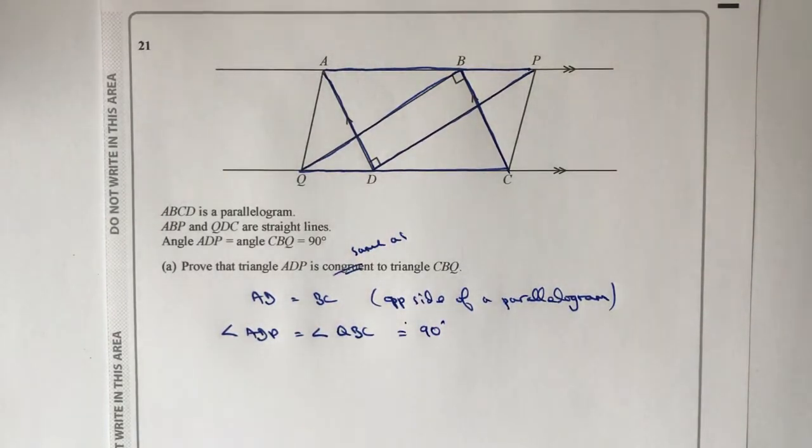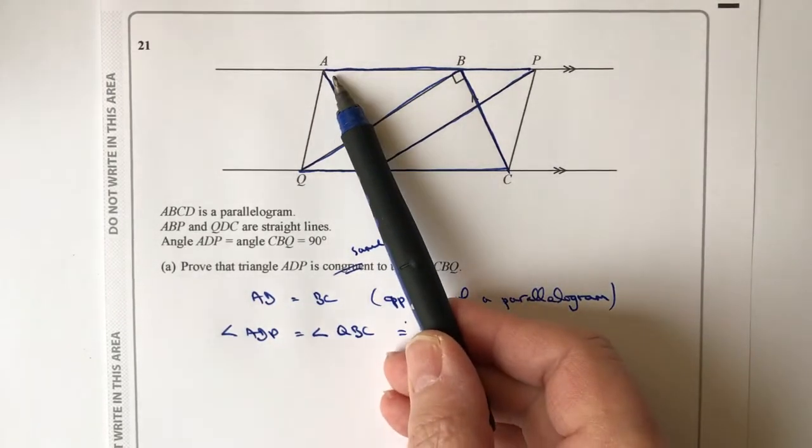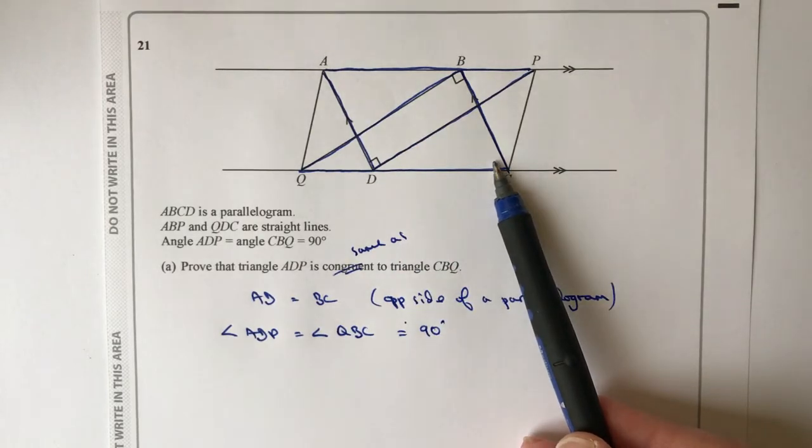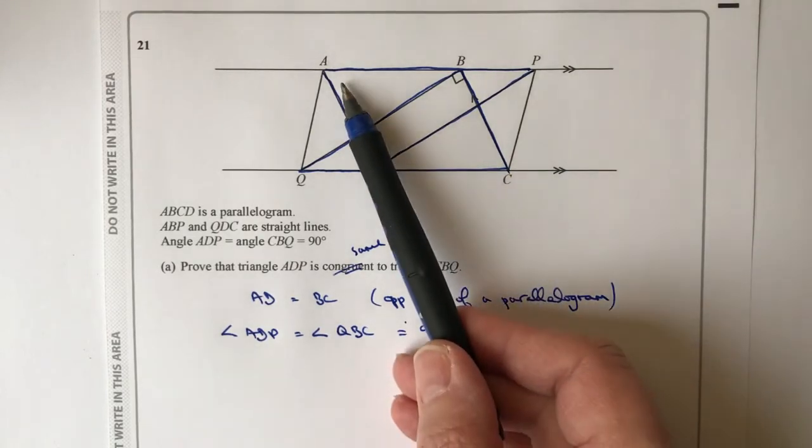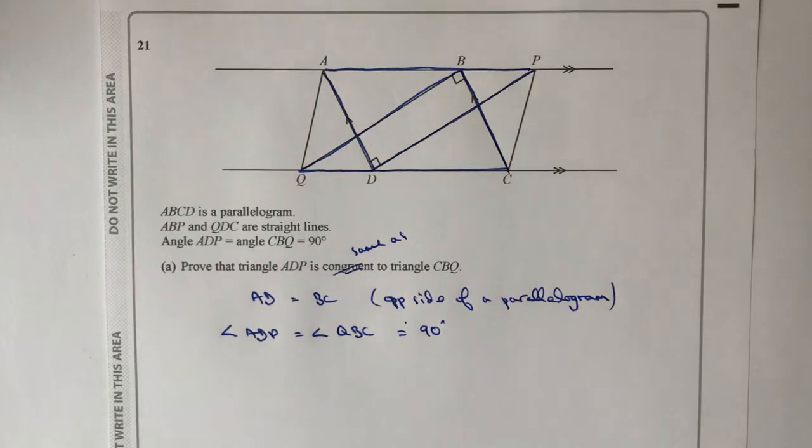Okay, the final area that we look at is that the angles themselves are also equal to each other at this point here and also this point here. And the reason is because they are opposite angles in a parallelogram.